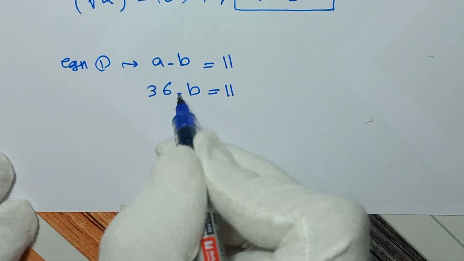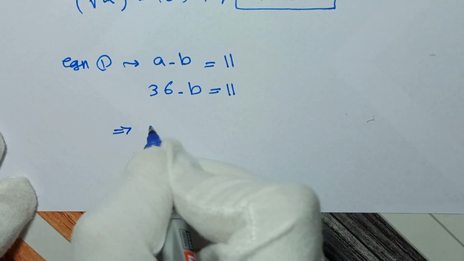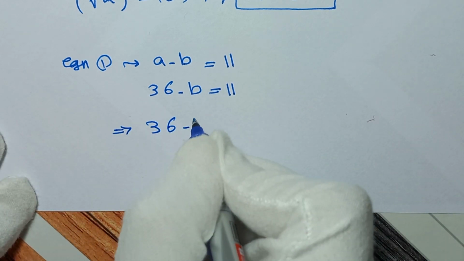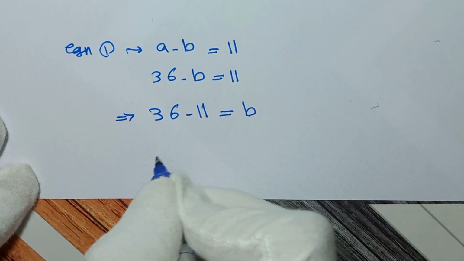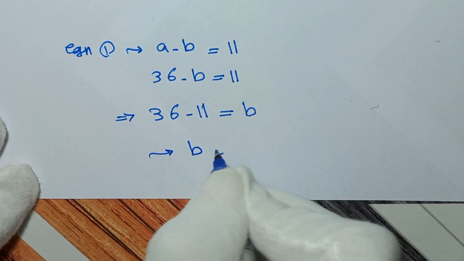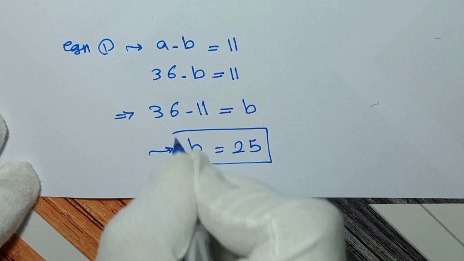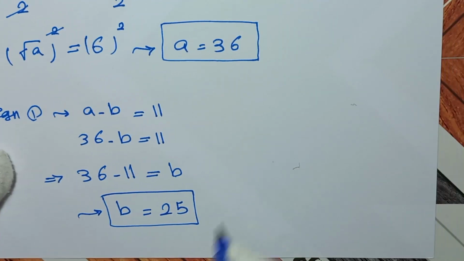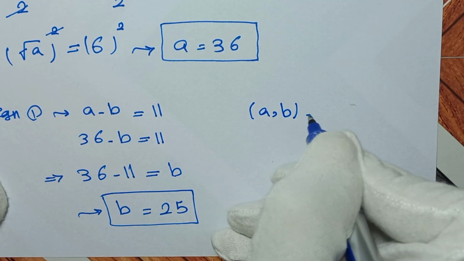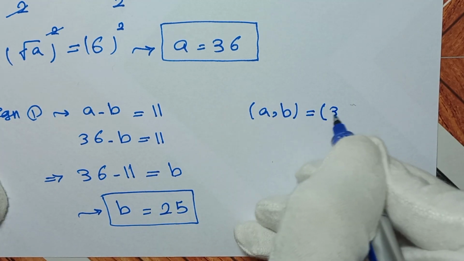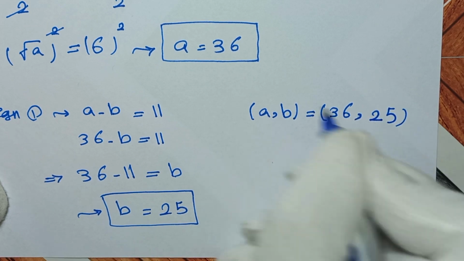In the next step, we take this negative b to this side and 11 to this side, so it will be 36 minus 11 is equal to b. And from here, b is equal to 25. So our final answer for a and b is: a is 36 and b is 25.